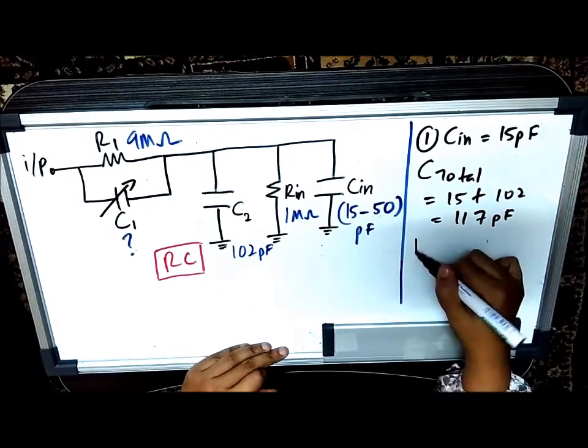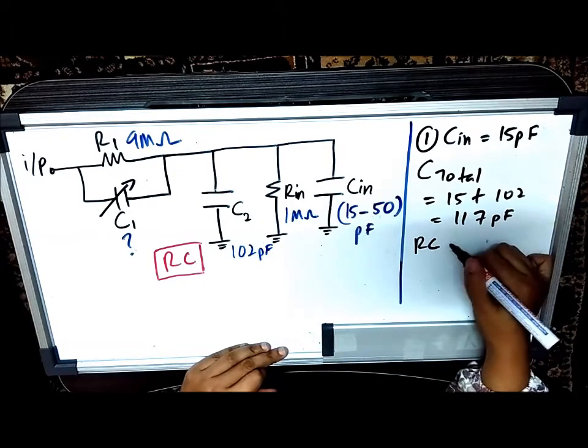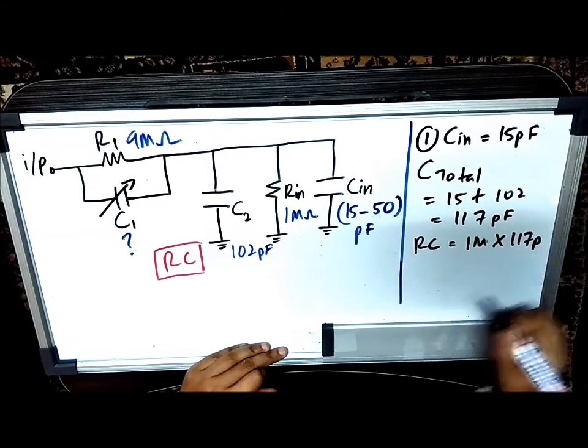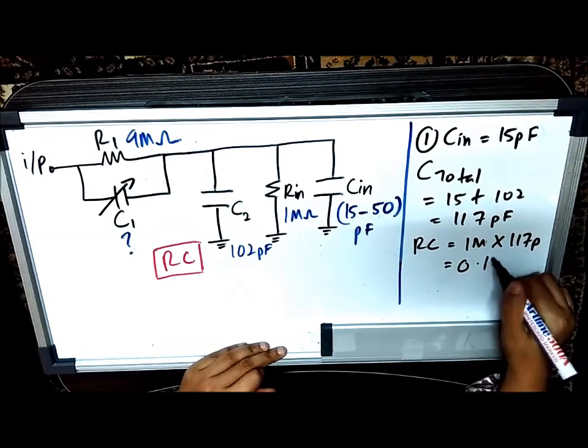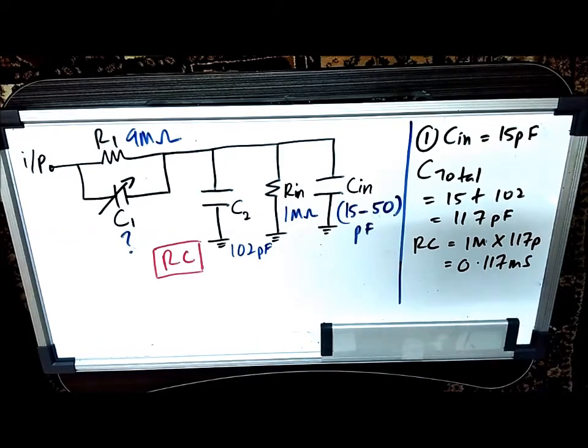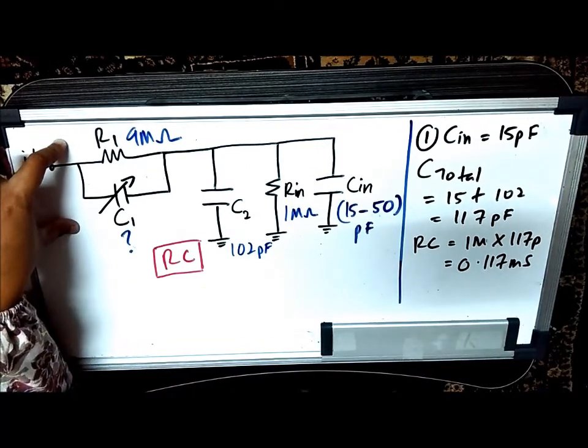So the RC for this combination is equivalent to 1 megaohm multiplied by 117 picofarad, and you will get 0.117 millisecond, right? So this RC has to be equivalent to this RC combination.